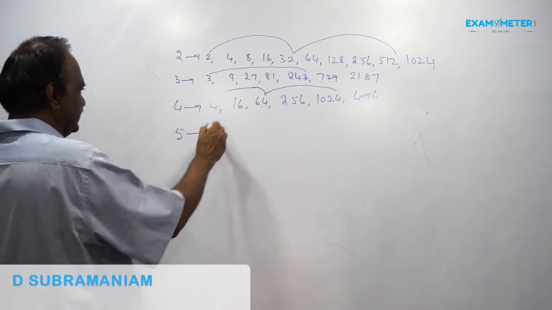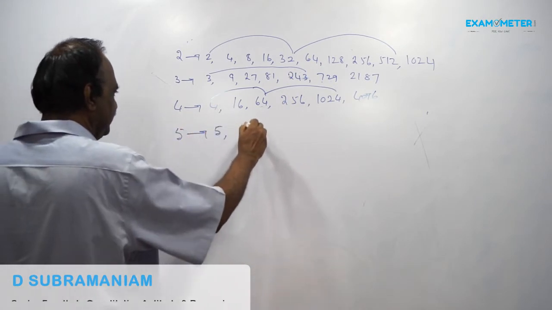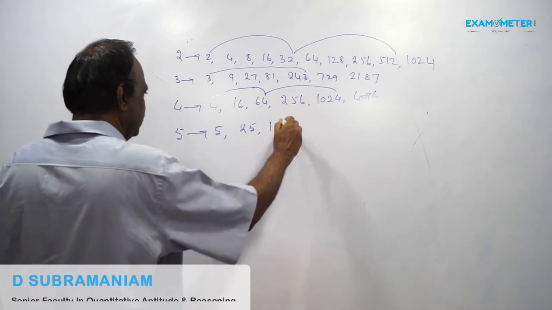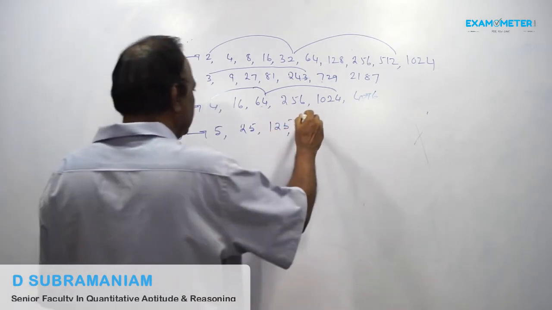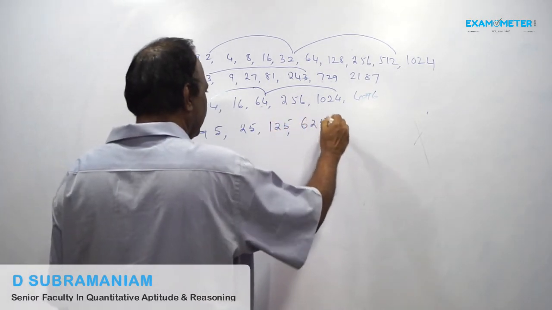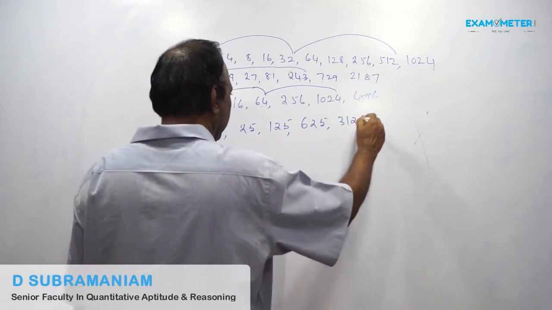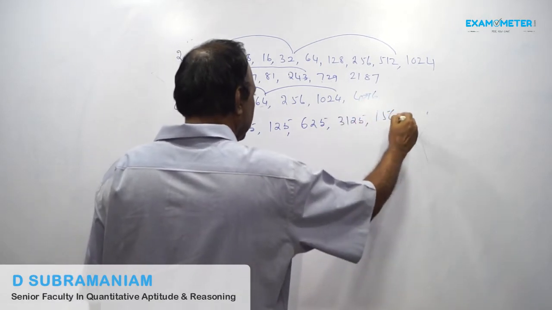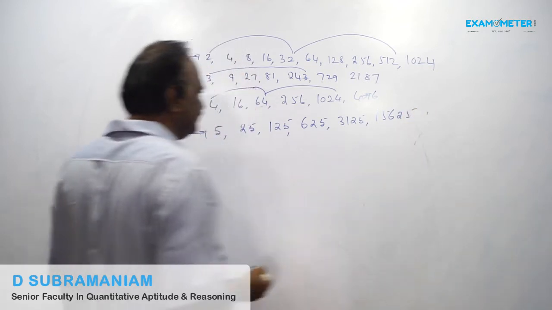For the 5 series: 5 square, 5 cube, 5 power 4, 5 power 5, 5 power 6.